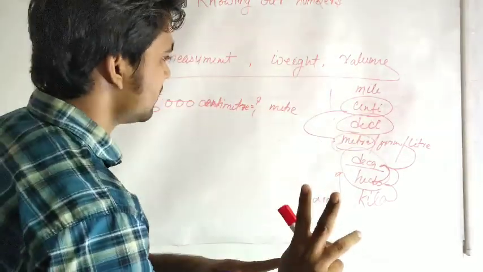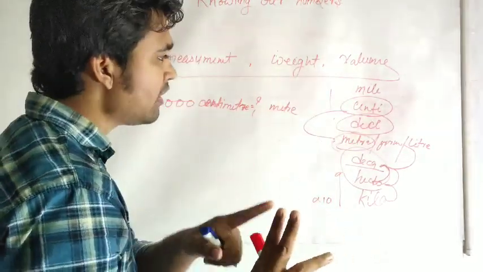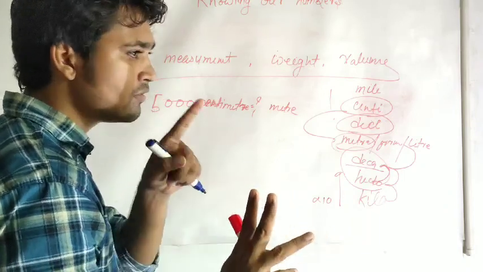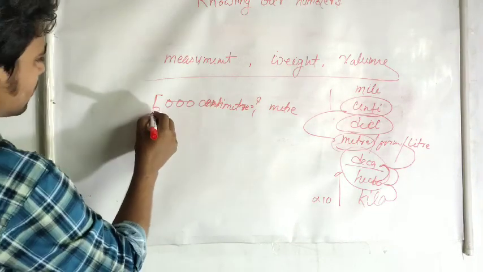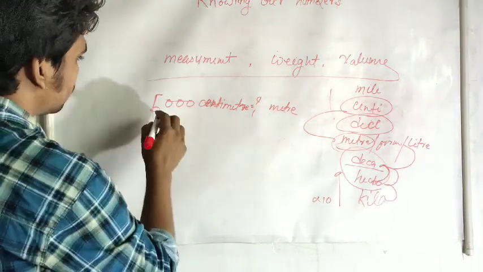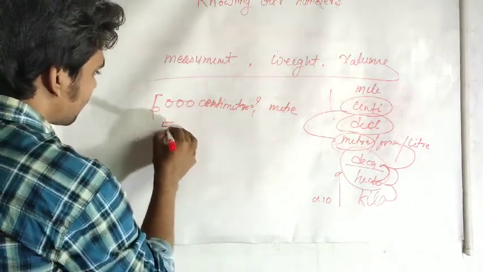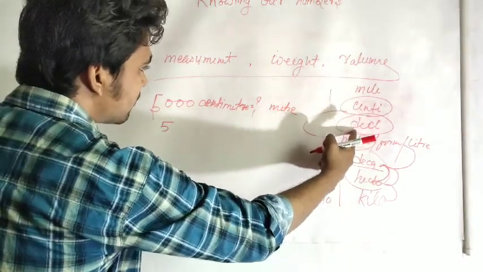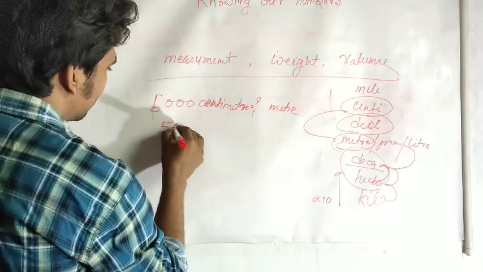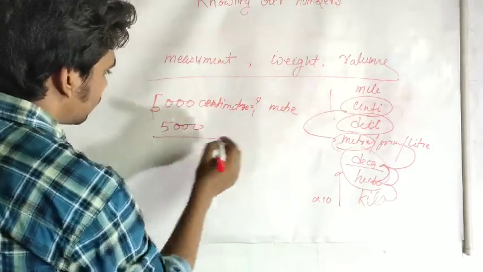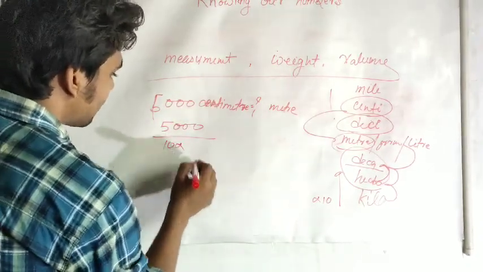So we will decrease by 10 two times. When we go one step lower, we divide by 10.